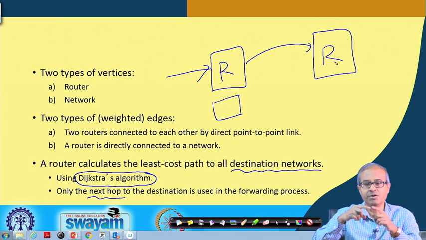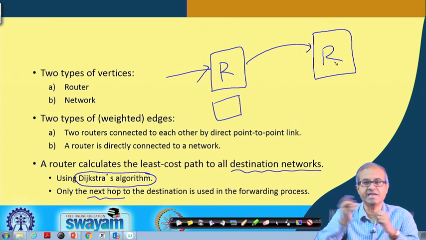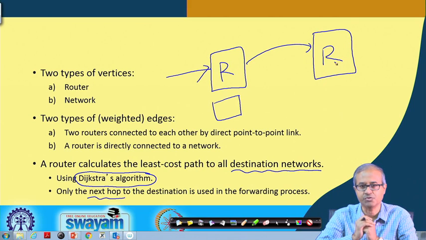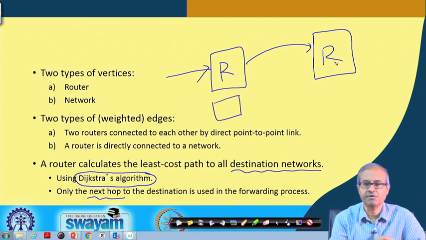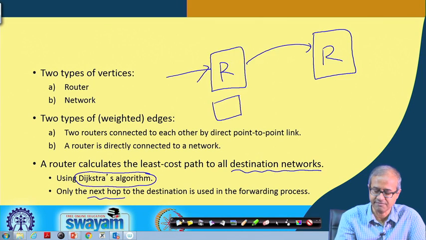Well, it will not tell you what is the sequence of routers I have to follow, no, only the next router. Let the next router decide after that what to do. Here the packet forwarding will happen on a next hop basis, it only sends to the next router and the next router will again decide after that.